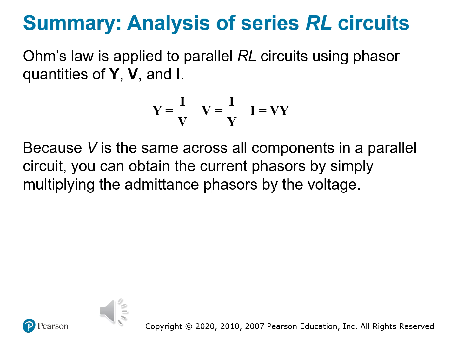And this is because in a parallel circuit, voltage is the same across all branches. So instead of summing voltages like we did in a series, we just multiply each branch's admittance phasor by the shared voltage, and that's going to give us the current phasor through that branch. Then you just sum the current phasors vectorially, and you get the total current. And this matters because it helps you quickly solve circuits with multiple parallel impedances.